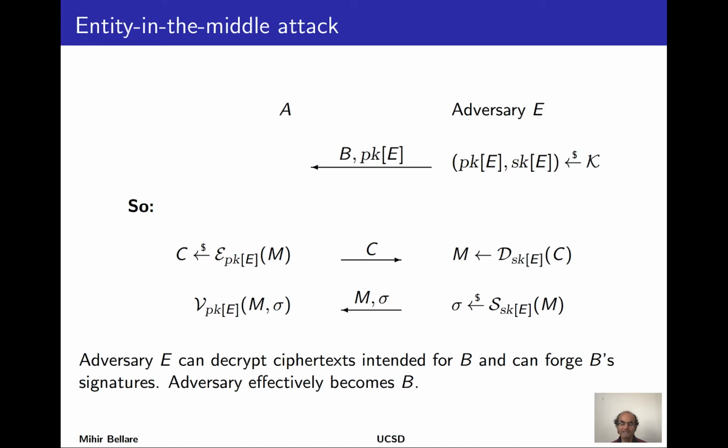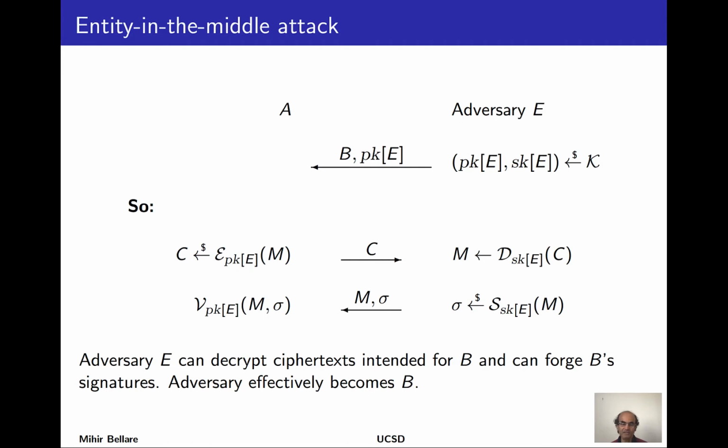But if it contacts A and says, here's this public key, and oh, by the way, I'm B, well, A has no way to know that this isn't true. So A will now adopt PKE as B's public key. Now, if we start using the keys in the way we've looked at before, A will start encrypting messages under this public key, assuming that B can decrypt.